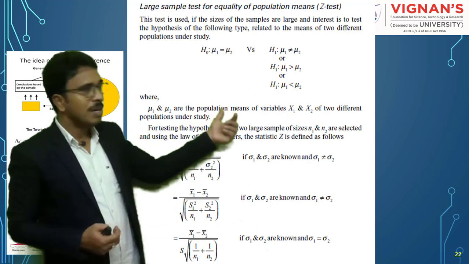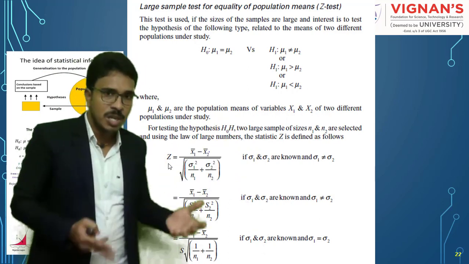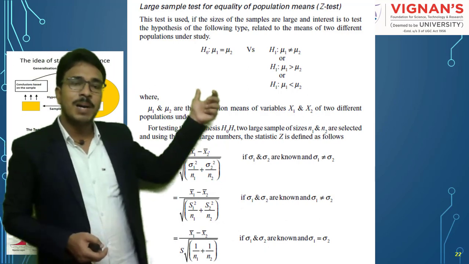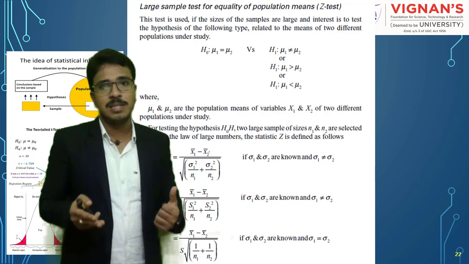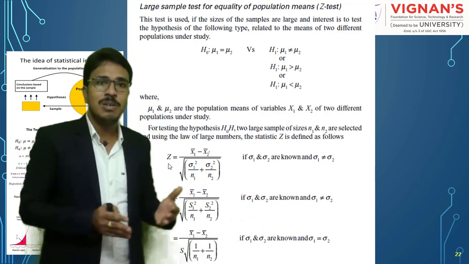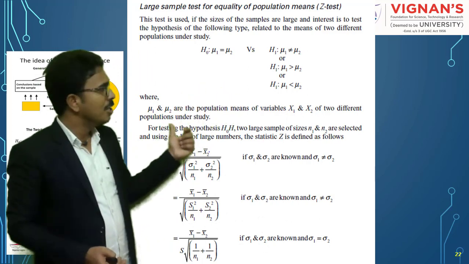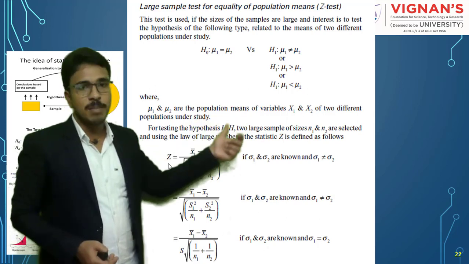If sigma 1 and sigma 2 are known and not equal, you can use this formula: Z is equal to x1 bar minus x2 bar, where x1 bar and x2 bar are the sample means of the two samples, divided by the square root of sigma 1 square by n1 plus sigma 2 square by n2.